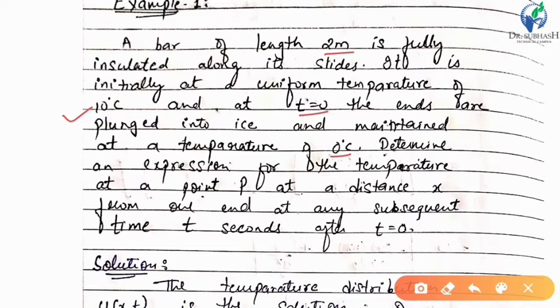Determine an expression for the temperature at a point P at distance x from one end at any subsequent time t seconds after t = 0. This is our question.